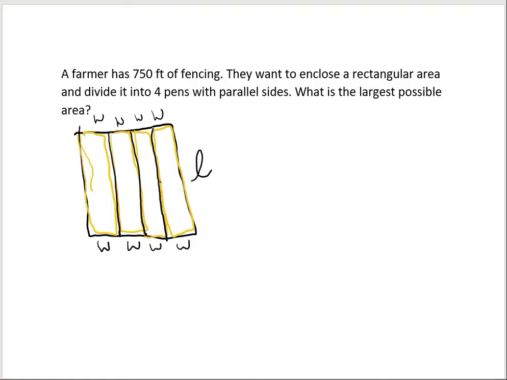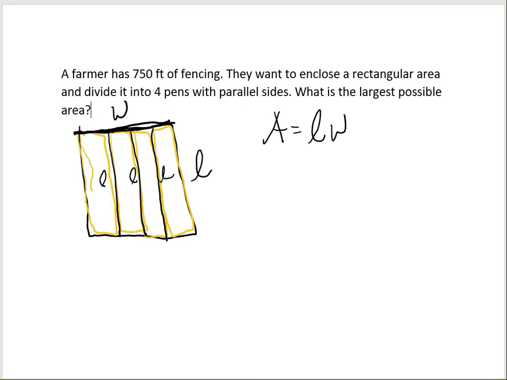Actually, just for ease of notation, instead of calling them all W's, I'm going to call the total length of this side W. Okay, so our area is still length times width.